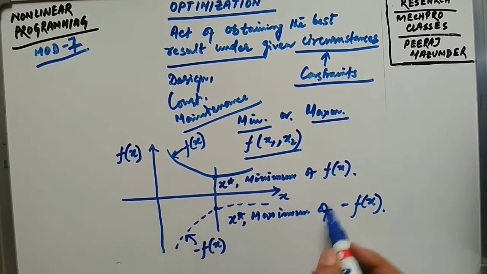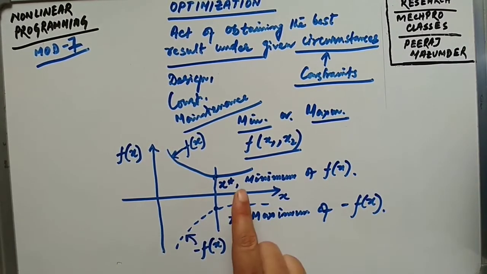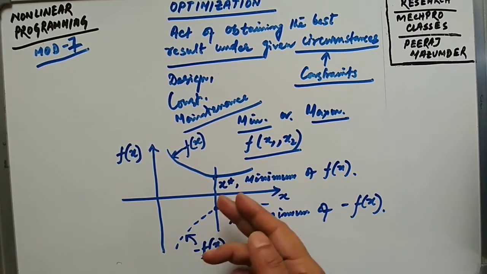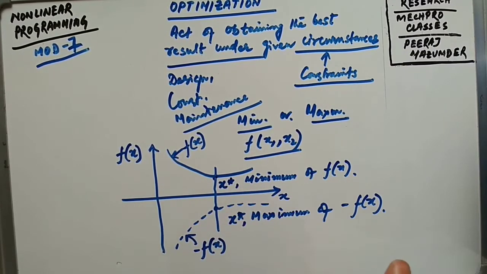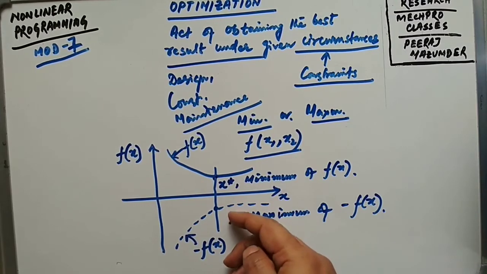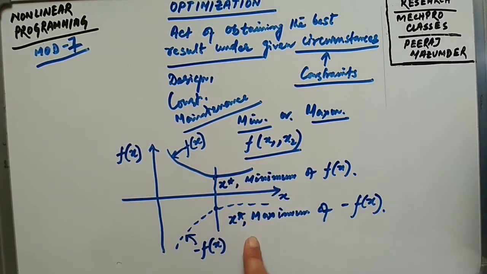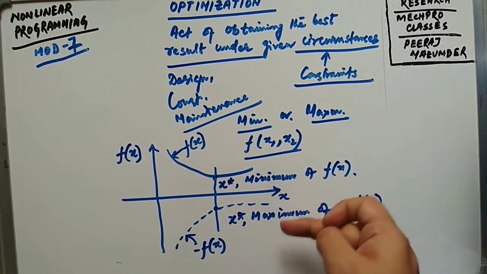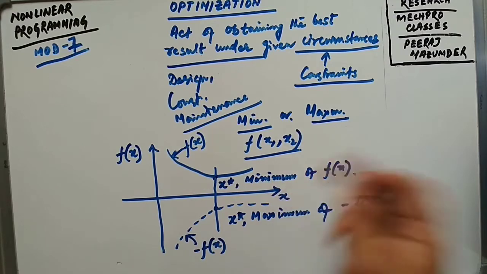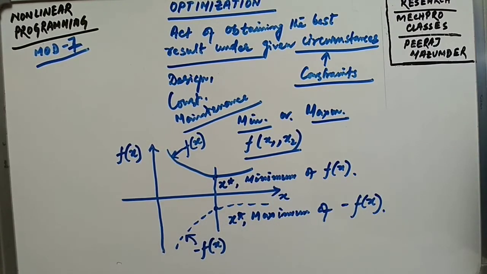So the minimum value gives you the maximum value, just the mirror image in the opposite quadrant of that function. So the minimum of f(x) gives you the maximum of minus f(x) in the fourth quadrant. Say this is the first quadrant and this is the fourth quadrant, so you can have the minimum and maximum values.